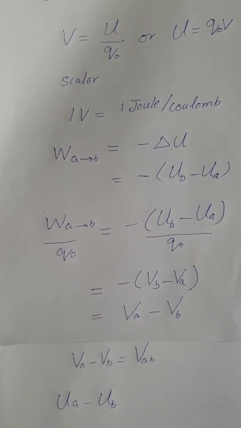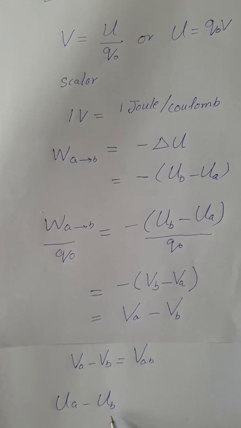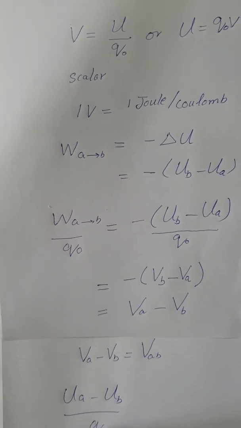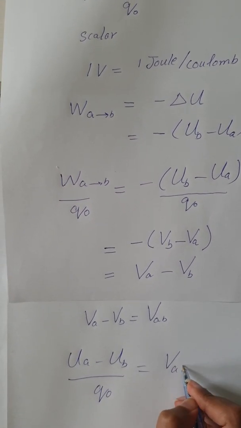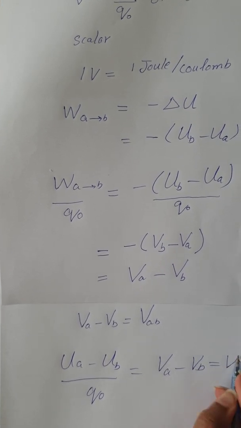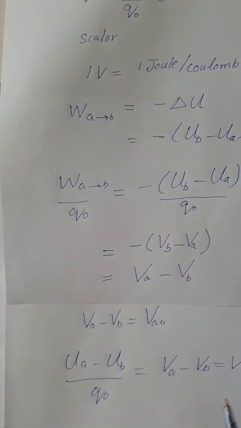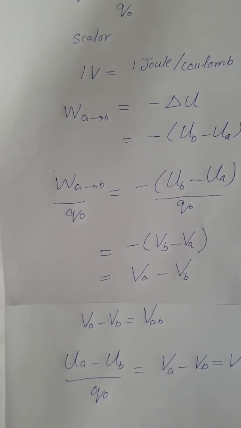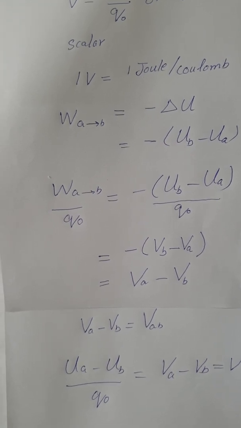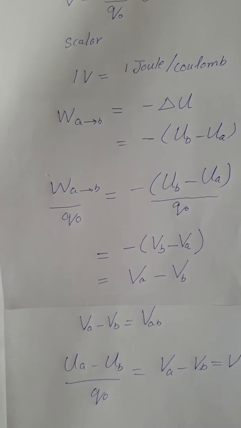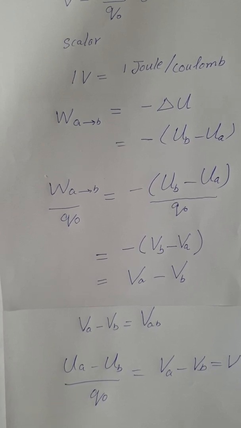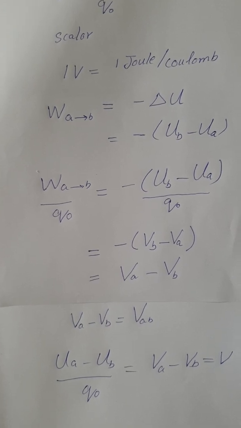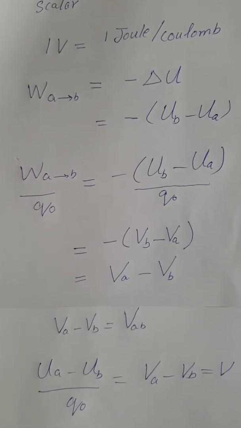So the work that must be done per unit charge by the external force is then UA minus UB over Q naught, equal to VA minus VB, which is the potential difference. So VAB equals the work that must be done to move a unit charge slowly from B to A against the electric force. A voltmeter is usually used to measure the potential difference between 2 points.